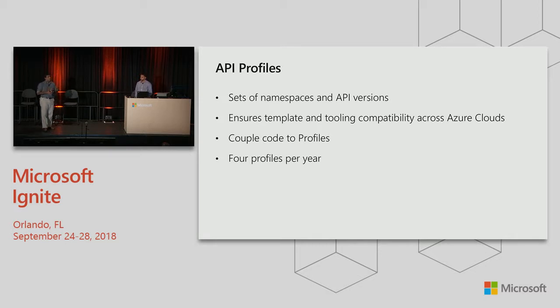So instead of remembering 30 or so API versions, if you build your application to one profile, and as long as that profile is supported by all the clouds that you're trying to deploy to, your application will work. That is what we're doing to enable you to address the differences between these services. And Siddiq will show you a little bit about how this is done.